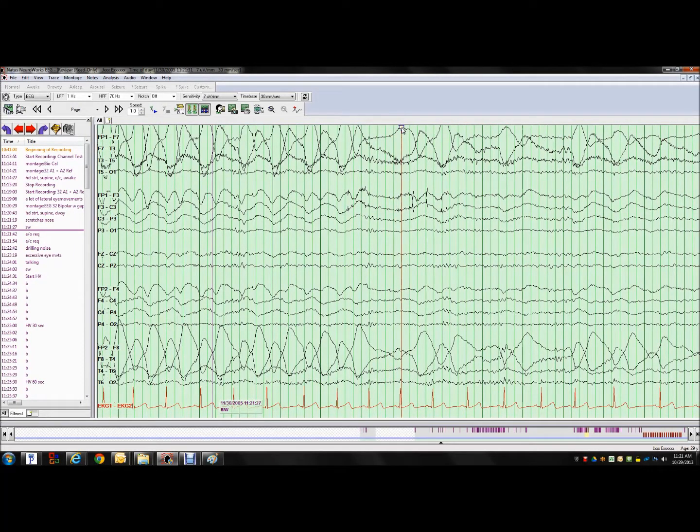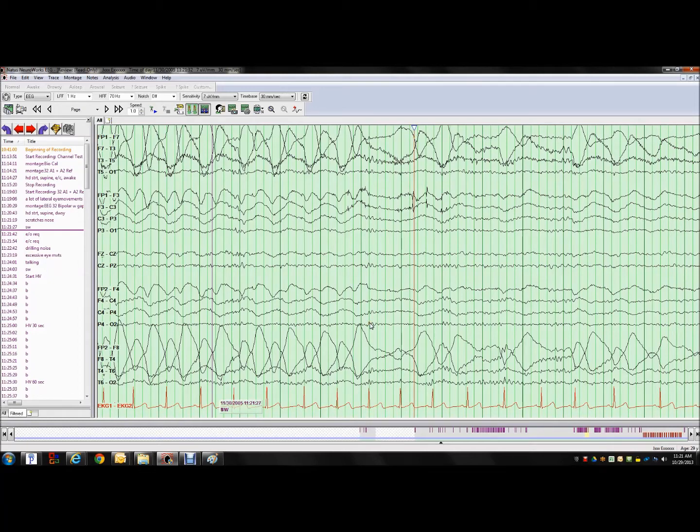But notice wherever we have a positive on one side, there's a negative. Same thing over here. You have a big positive and there's a negative over here. These are coming over each other, so they're going in the opposite direction, where these are pushing away from each other. All right, so we have lateral eye movements.